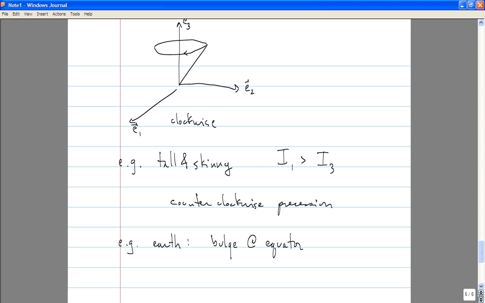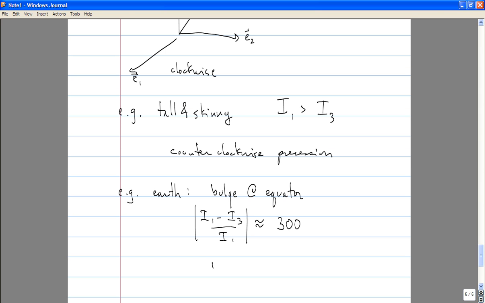So it turns out that (I1 minus I3) over I1 of the Earth has a magnitude of around 1 over 300. It's a dimensionless number. And of course, omega 3 is around 1 inverse day.